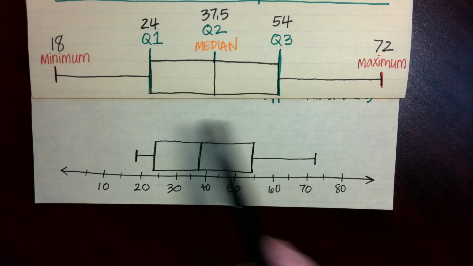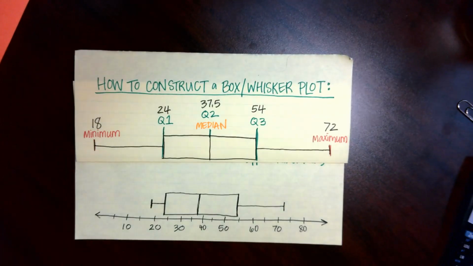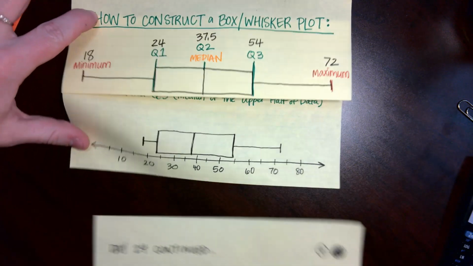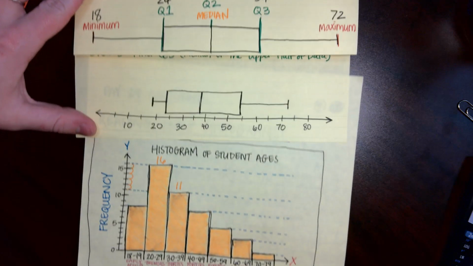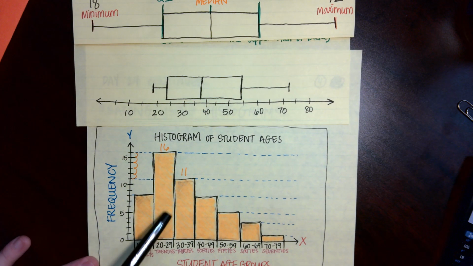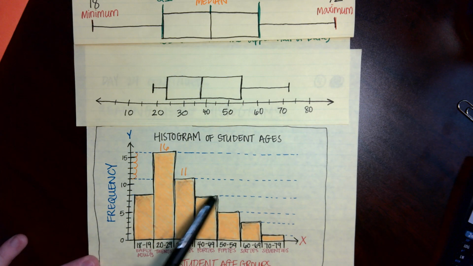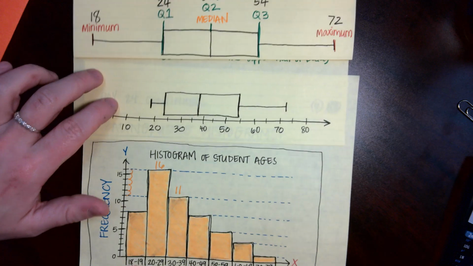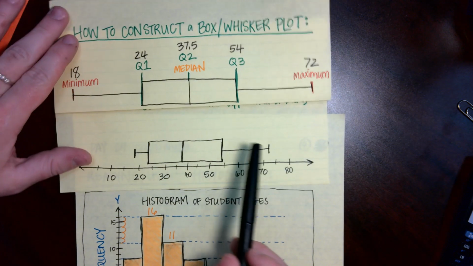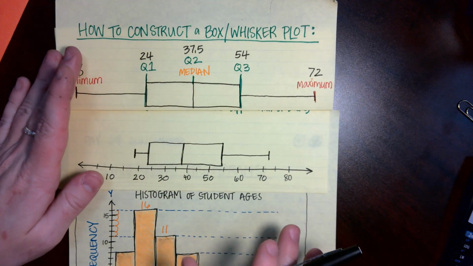Okay. So whenever we have a box and whisker plot, this is used for a similar purpose as a histogram. Whenever we see a histogram, it's typically done to show the distribution of data, so that we can see that, oh, there's more people that fall in this range, or this range, or this range. But what this is showing us, our box and whisker plot, it's just showing our distribution in a different format.